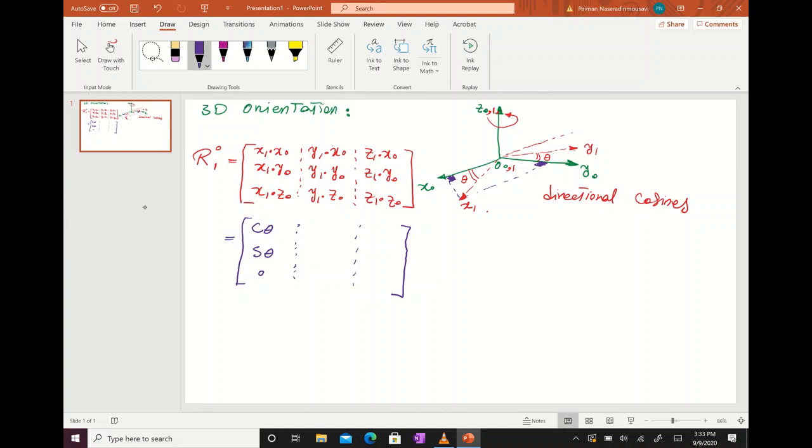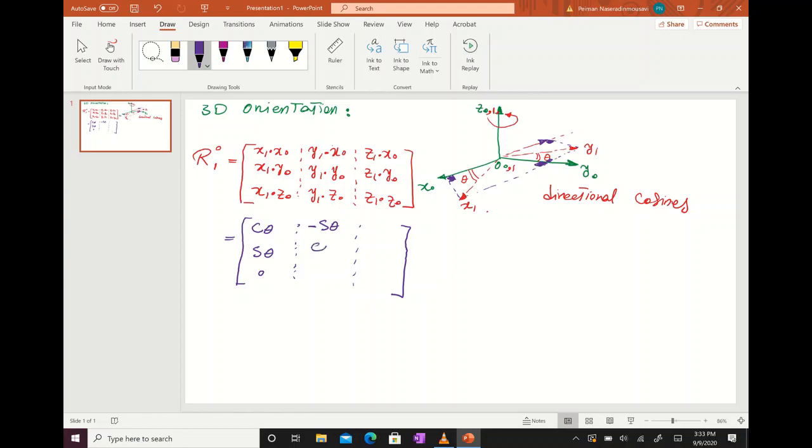So you have to find it like this, right? Here is 90 and here is 90 degrees. So the directional cosine of y1 over x0 is sine of theta, but in this direction, so it's minus sine of theta.